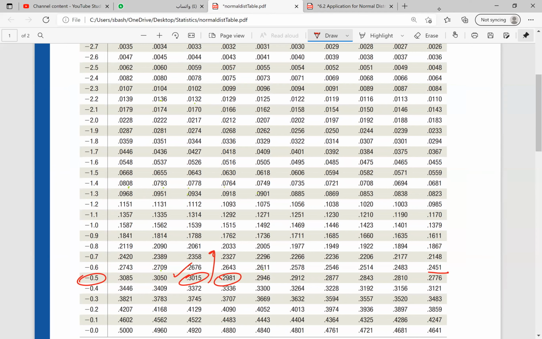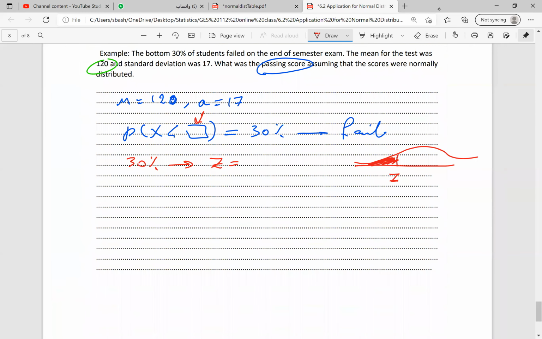Because I don't have exact value for 0.3, I will take the average between these two. So let's have that z will be equal to minus 0.525. It is 0.2 or 0.3, but let's take the average, that will be minus 0.525. So z is negative 0.525. Now I have sigma, I have the mean, I have z-score, we can find x.